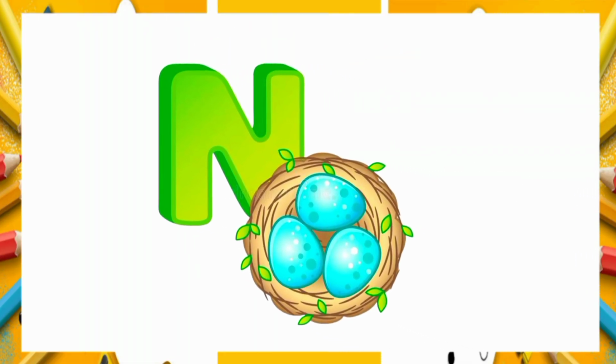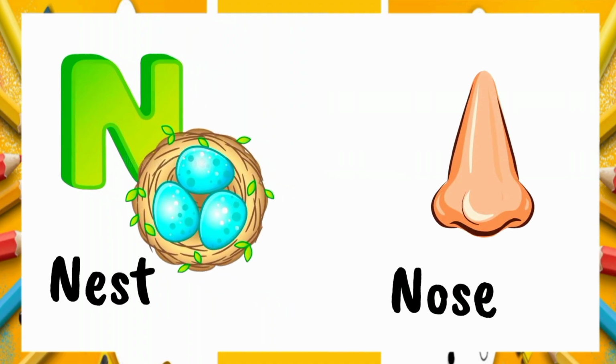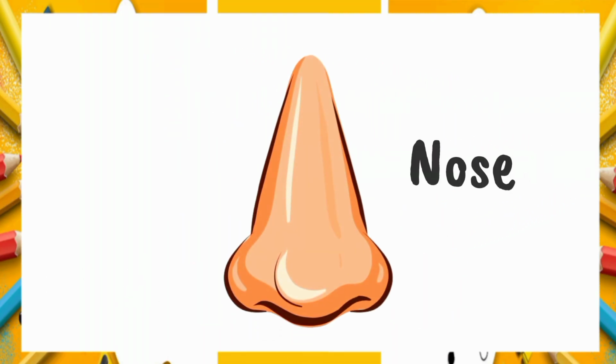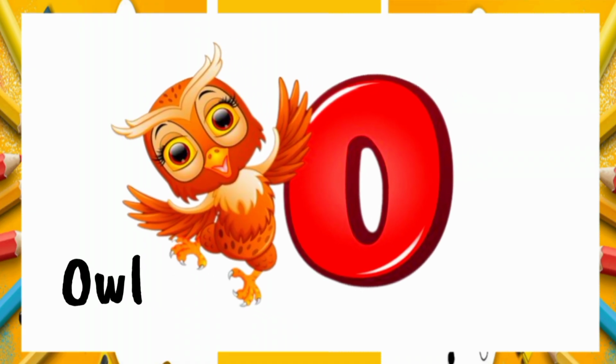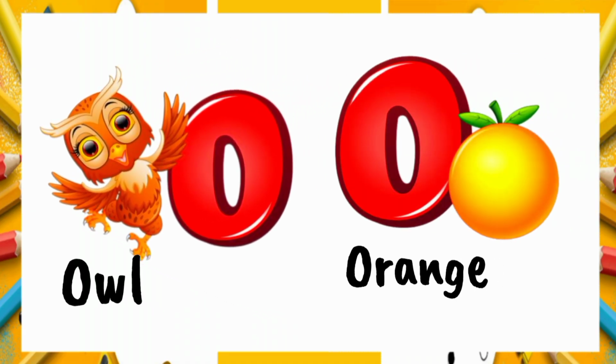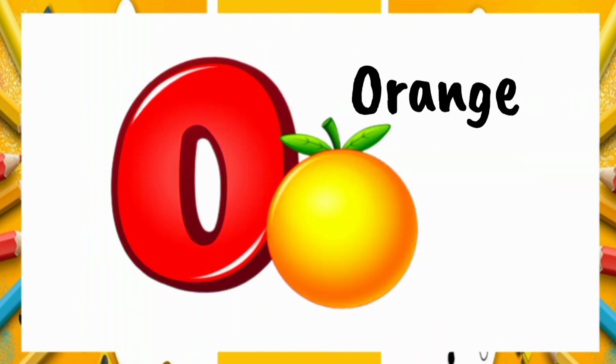N is for nest. N is for nose. Nest. Nose. O is for all. O is for orange. All. Orange.